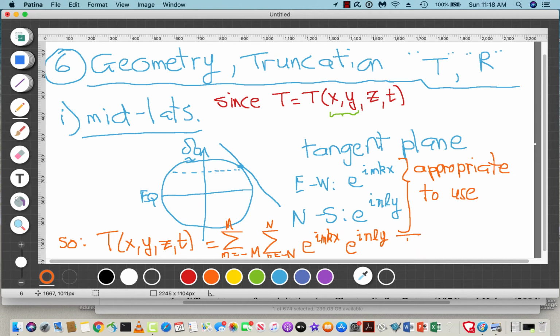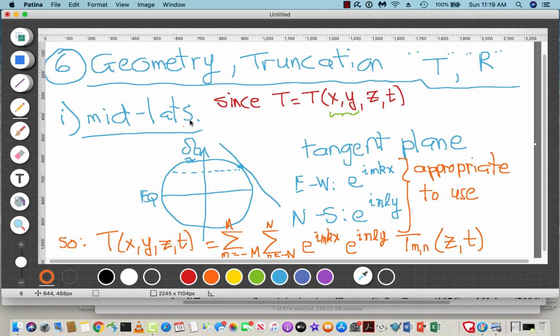And then we're going to have some expansion coefficients, which now have two subscripts, t, m, n, and might be a function of z. I don't know. This z part, I just threw it in there just to make things look more complicated. That's probably not how we would do the problem, but we can't leave z out, okay?